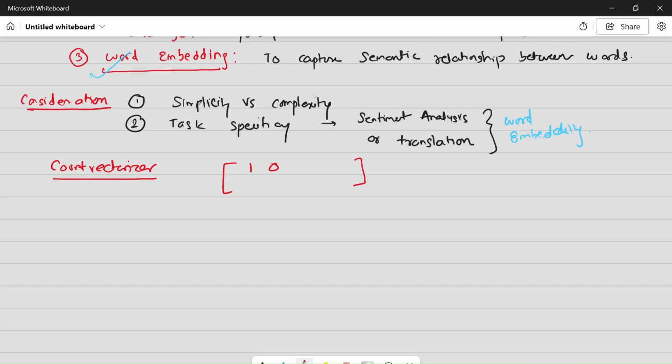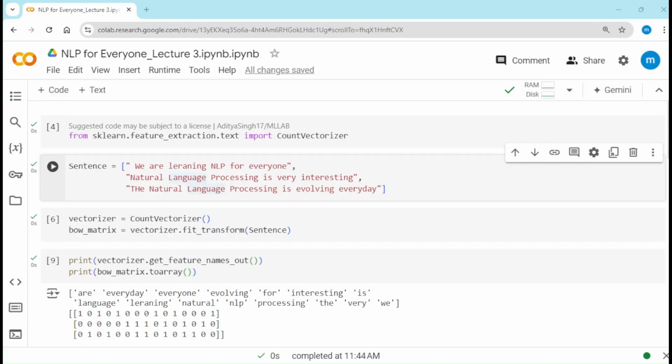Let me go through the notebook and show you so that you will understand how it works. As you can see on screen, this is a notebook I have created.